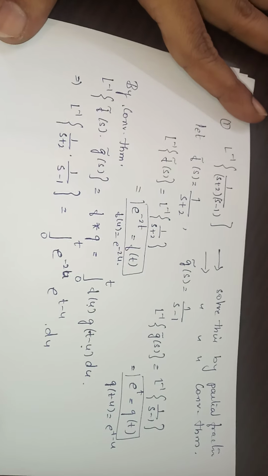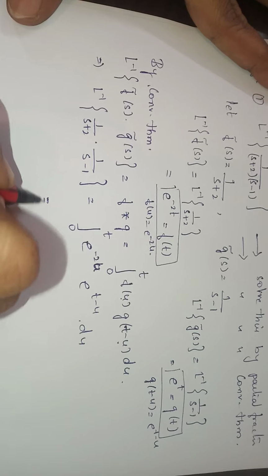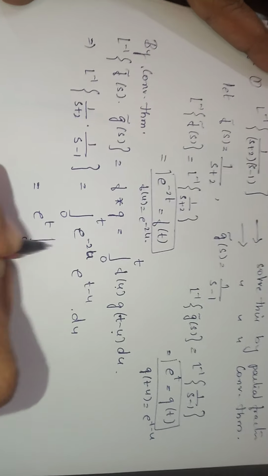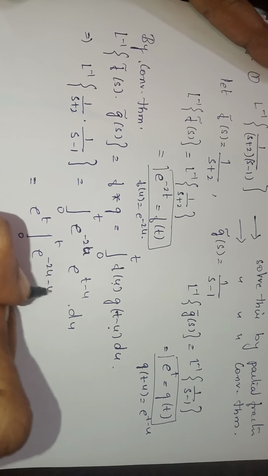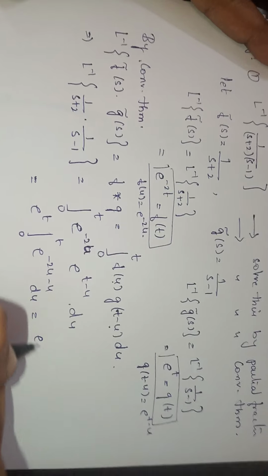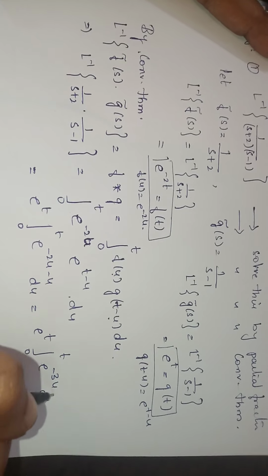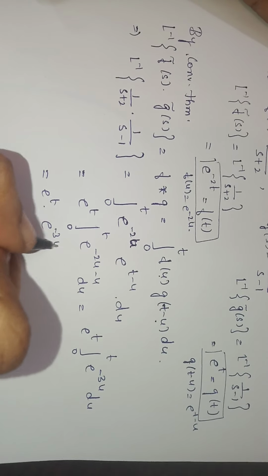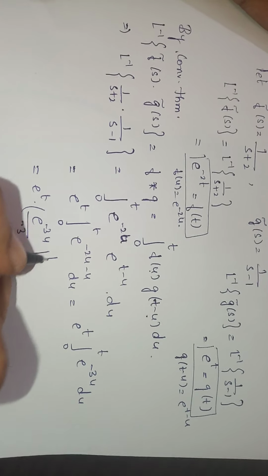Here we are doing integration with respect to u, so t is a constant. You can write e to the power t as a constant outside the integral: e to the power t, integral 0 to t, e to the power minus 2u minus u du. So it is e to the power t integral 0 to t e to the power minus 3u du. This is e to the power t into e to the power minus 3u by minus 3 from the limit 0 to t.